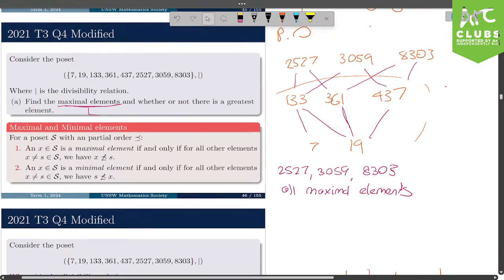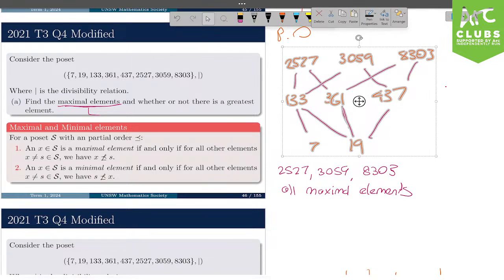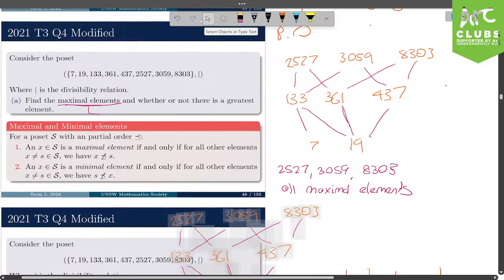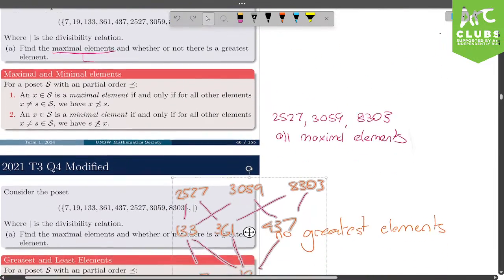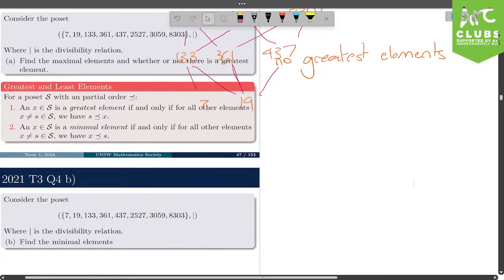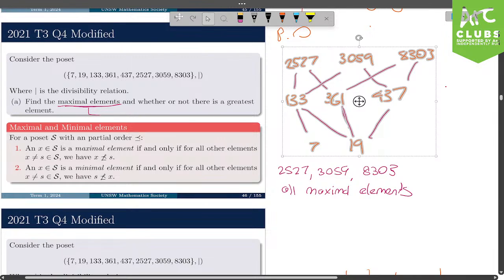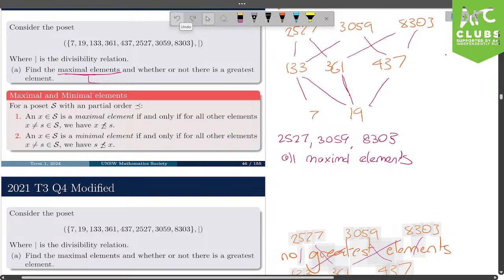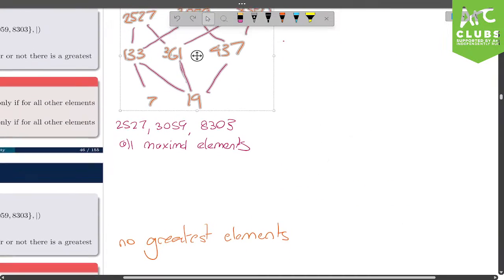So for part B, we'll reuse our Hasse diagram. We'll just migrate it. Hopefully it works. Wait, what happened?